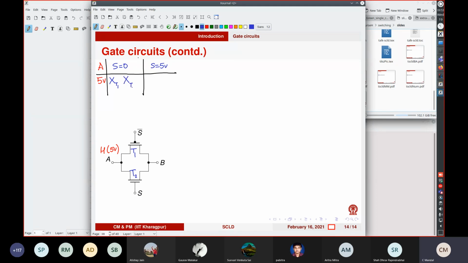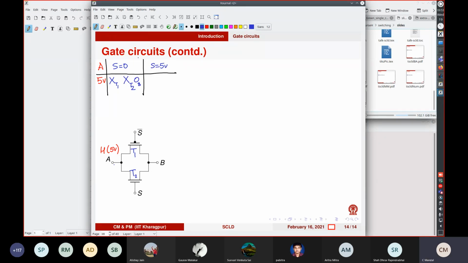So now this overall transmission gate is open.